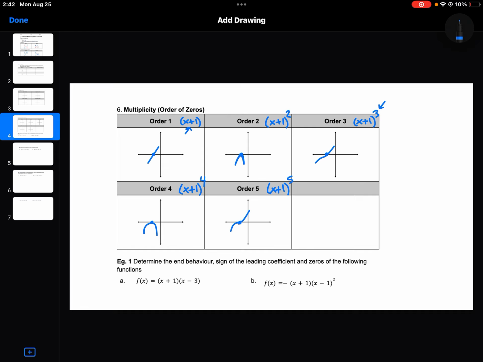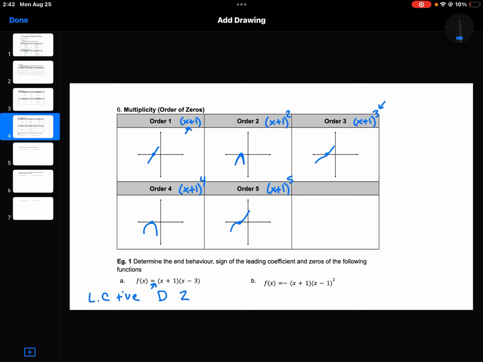So just to wrap up, for example, here we're going to determine the end behavior, the sign of the leading coefficient, and the zeros. So in order to do that, I'm going to look at the very beginning, and I'm going to see that there's a positive value there. So that means that my leading coefficient is positive. And the degree of my function, I'll use a d for that, is 2 because I've got 2 factors there.